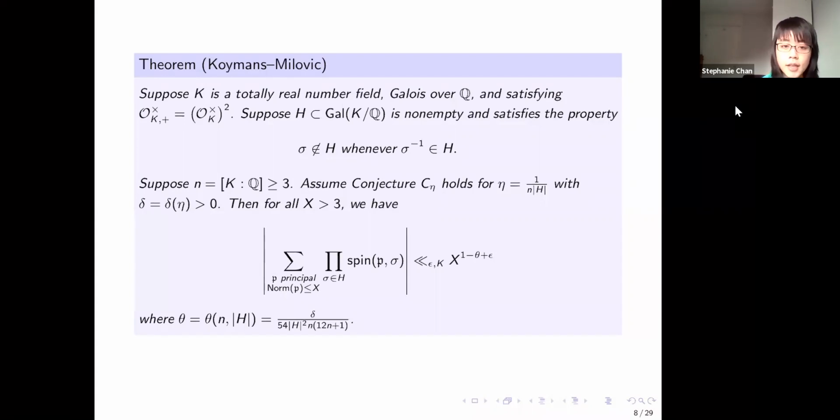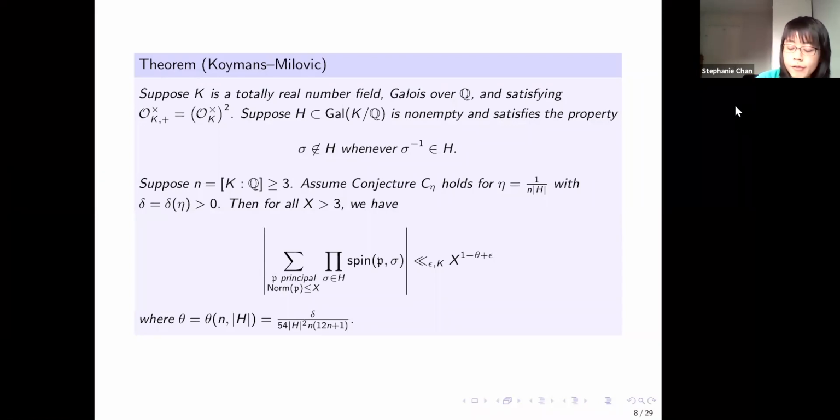So when n is 3, it includes the previous theorem, but the new thing would be when n is greater than 3, then it tells you that any two spins, as long as sigma and tau are not inverses of each other and are distinct, have to behave independently.